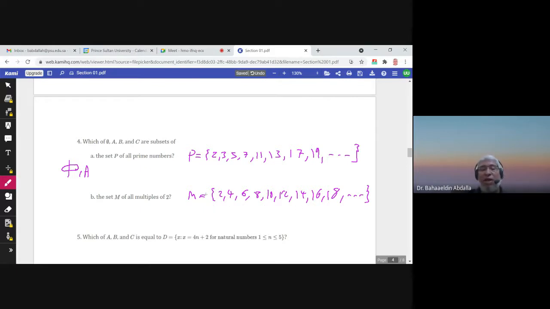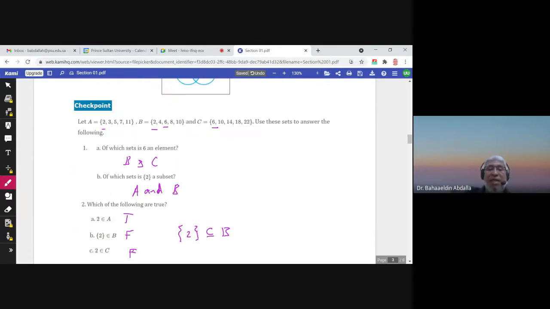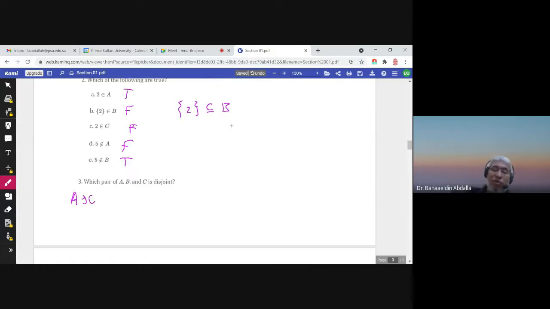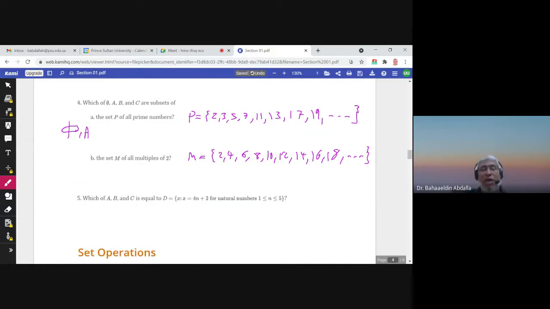All of these are called multiples of 2. So is A a subset? No, 3 is not a multiple of 2. While here, all of these numbers are multiples of 2, and all of these numbers are multiples of 2. So phi, B and C are all subsets of capital M.